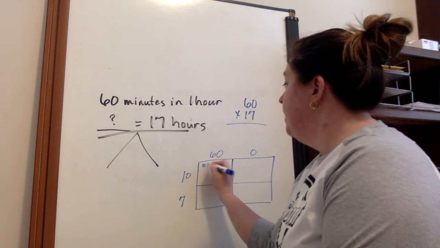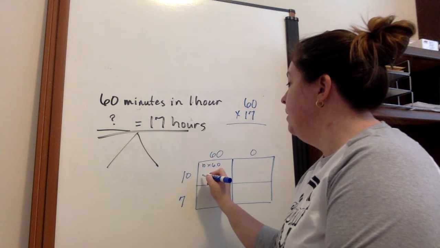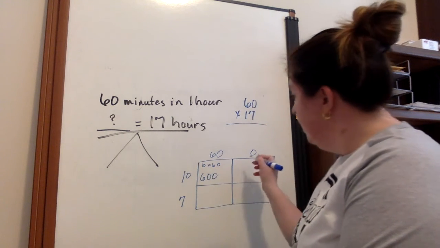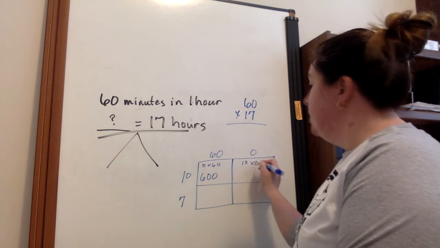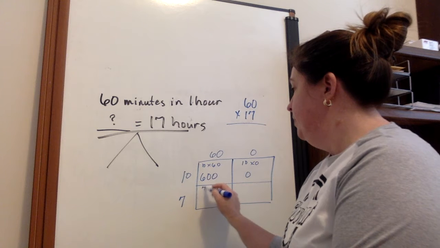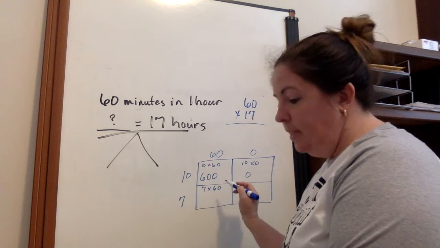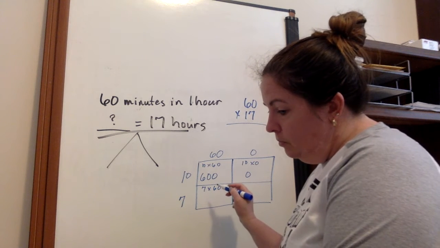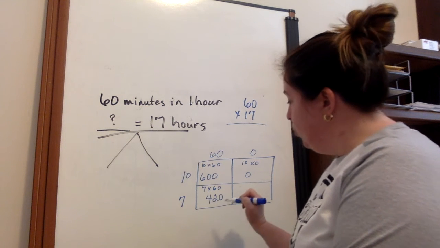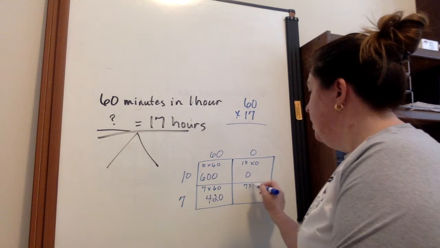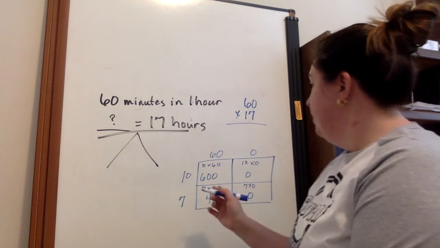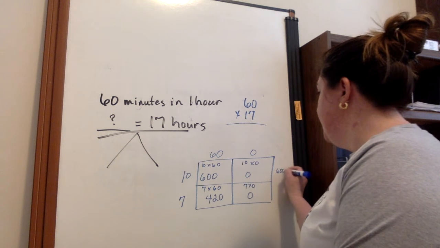Okay? 10 times 60 is 600. 10 times 0 is 0. 7 times 60 is 420. 7 times 0 is 0. Right? And then we're going to add up these minutes.